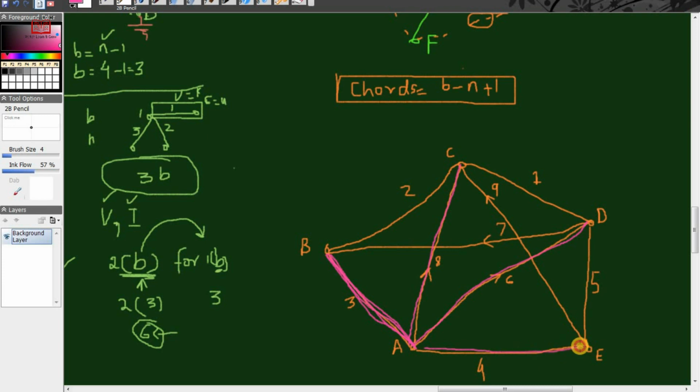This is my fourth branch of the tree. Very simple. I am taking A as a reference because A looks like the center of the hub right now, and you can see all the nodes are connected. The other remaining ones are taken as the chords of the oriented graph.